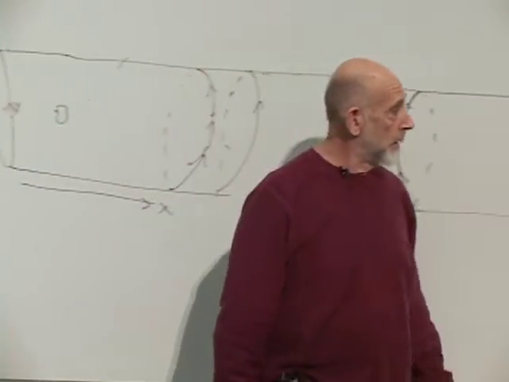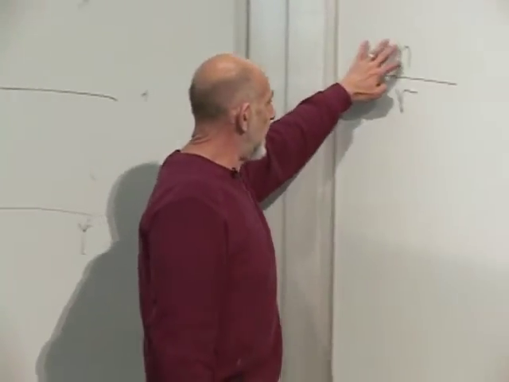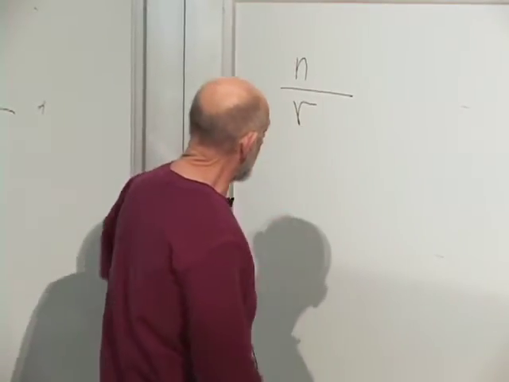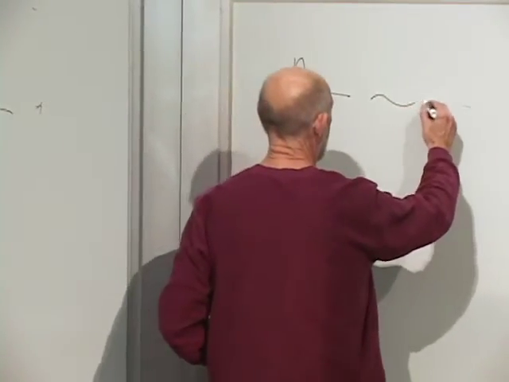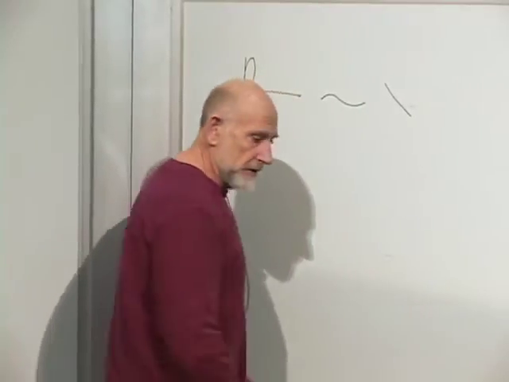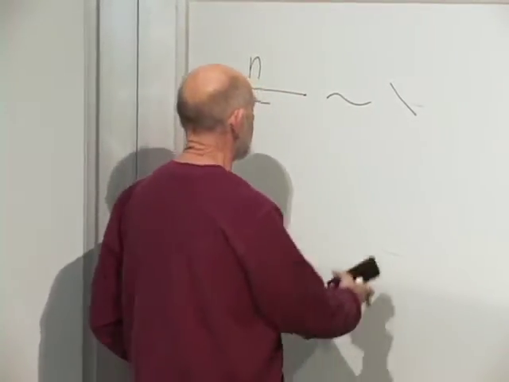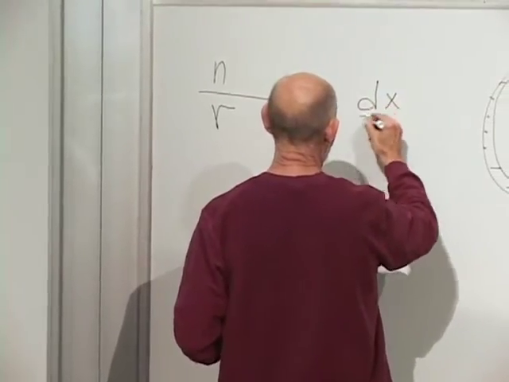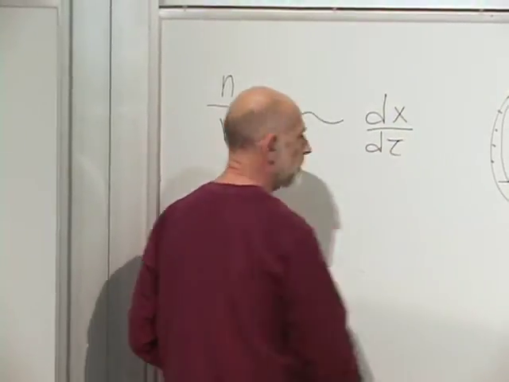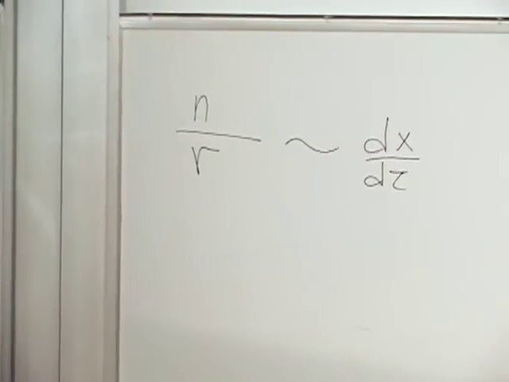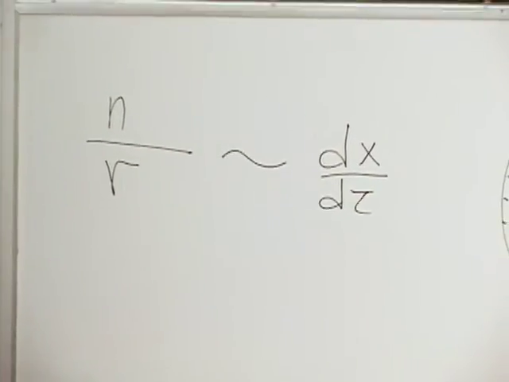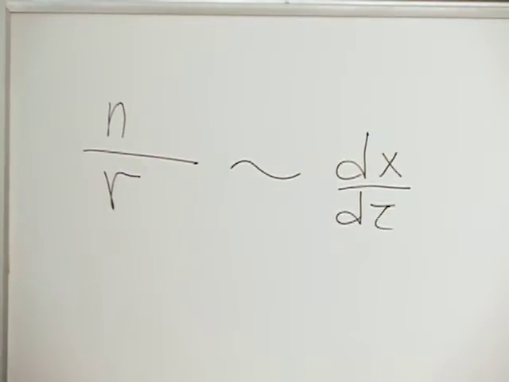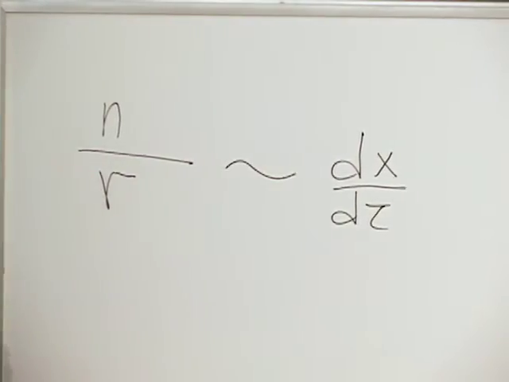So the momentum is proportional to the velocity, and we can think of this as dx d tau. Tau is the time variable that describes the motion of the string in the simple quantum mechanics that we've described previously. And it's got to be in integer multiples.